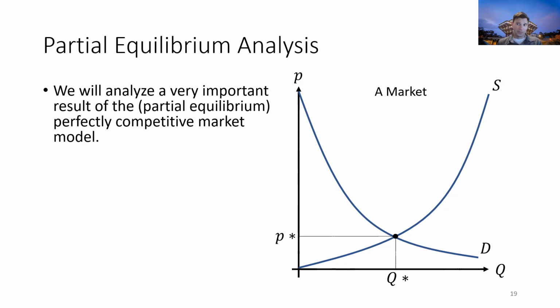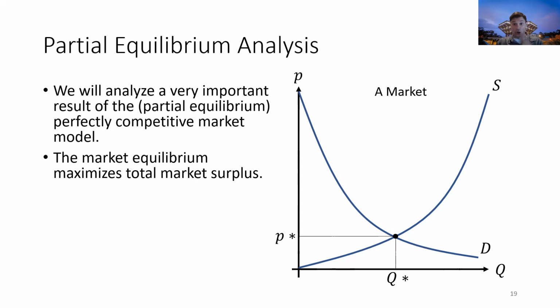If you think about the total amount of surplus that's generated, the consumer surplus plus the producer surplus, the total amount of market surplus in the equilibrium, it turns out that that is as large as it could possibly be. And this is really the second caveat to Adam Smith's result, that when that invisible hand guides the market to P star and Q star, that makes the economic pie as big as possible. It maximizes the gains from trade between buyers and sellers.